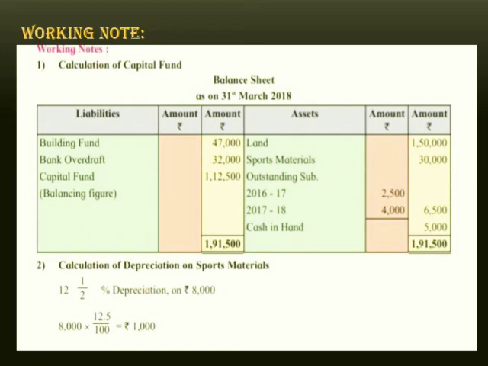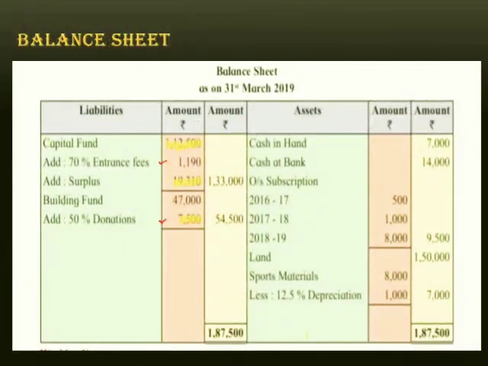That capital fund we are going to write under the balance sheet liability side, 1,12,500, which I have highlighted in yellow color. Students, have you understood? This is very important, how to arrive at the capital fund. It is not given in the problem, but we have to find it out.